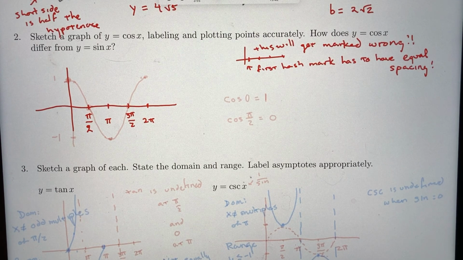So first off, a first hash mark that is way longer or way shorter than the others will just get marked wrong. Okay, so cosine is the x coordinate.